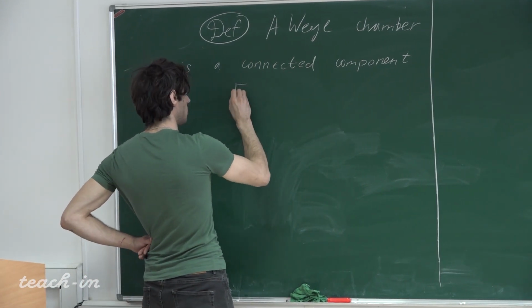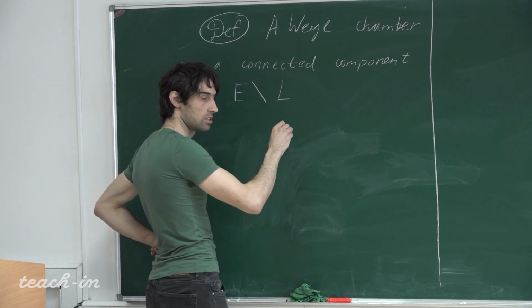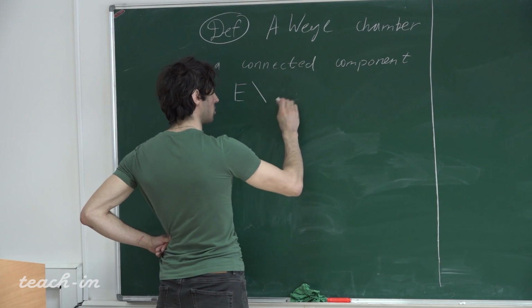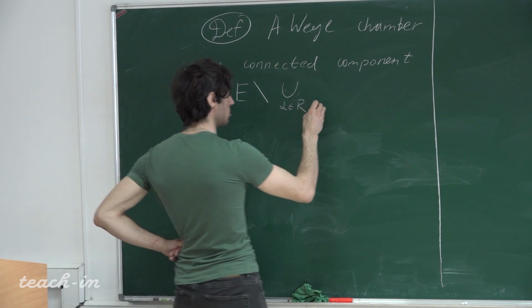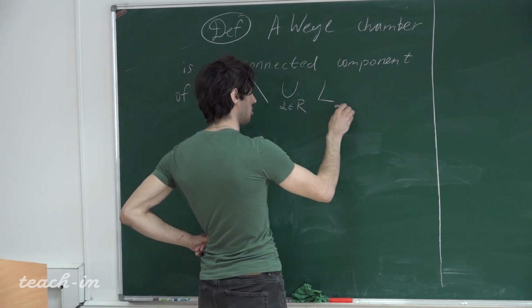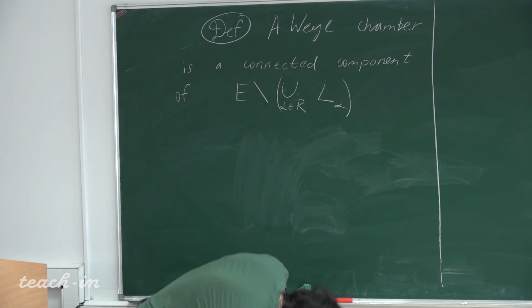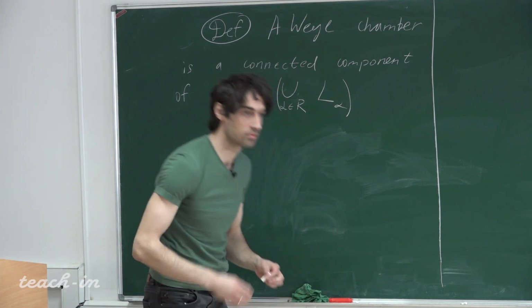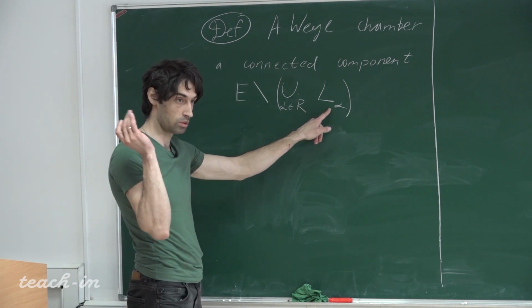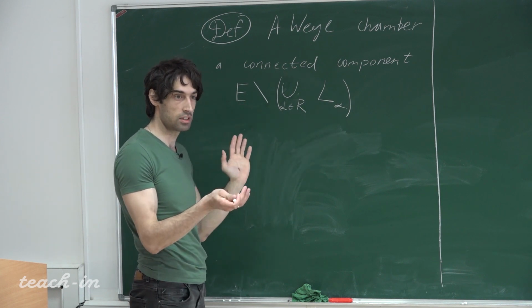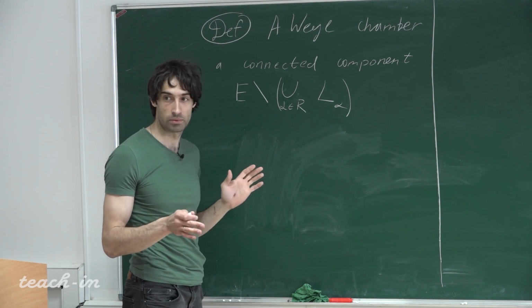We take E and we throw away all hyperplanes L alpha orthogonal to roots, where alpha goes over the root system. So L alpha are hyperplanes orthogonal to roots, and we throw them away, look at what's left, and each connected component we call a Weyl chamber.